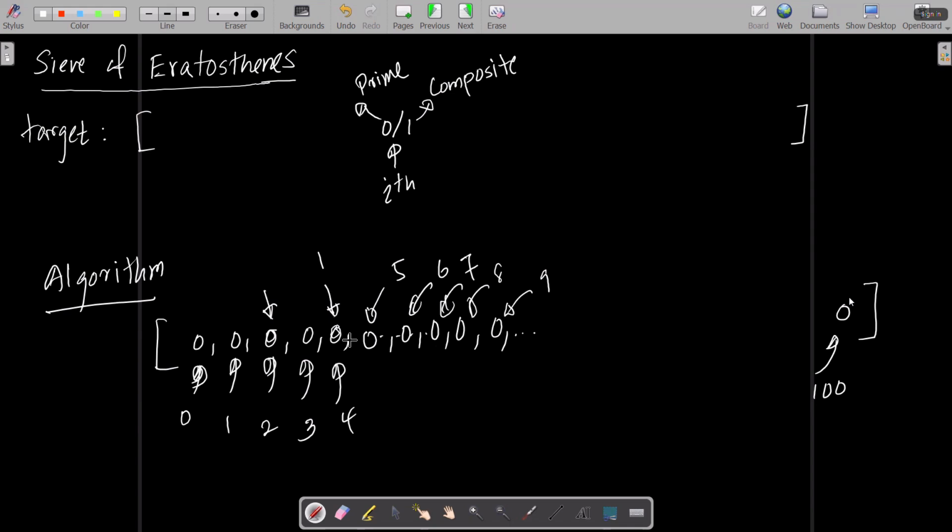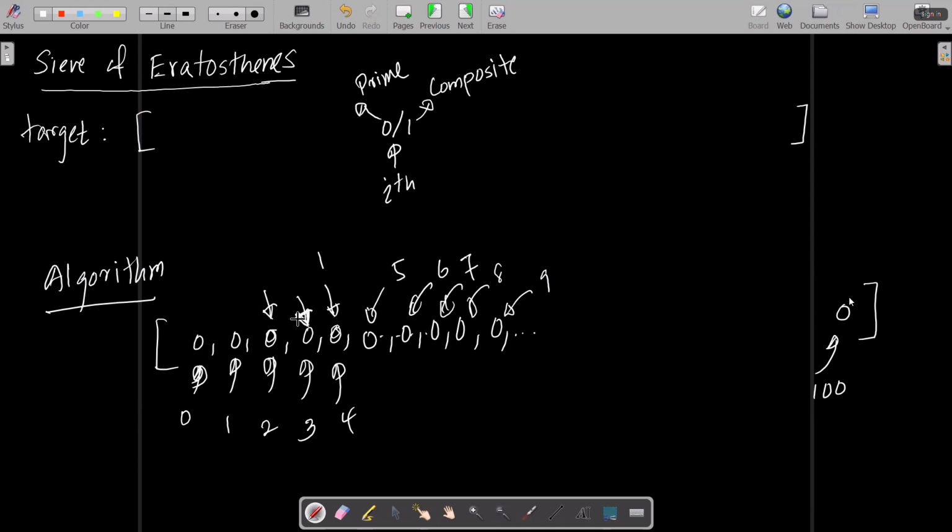Then when we are done with that, we come to 3. We check whether the current value at 3 is 1 or 0. What we are doing is finding all the primes from 2 to n and setting all the multiples of that prime to 1.